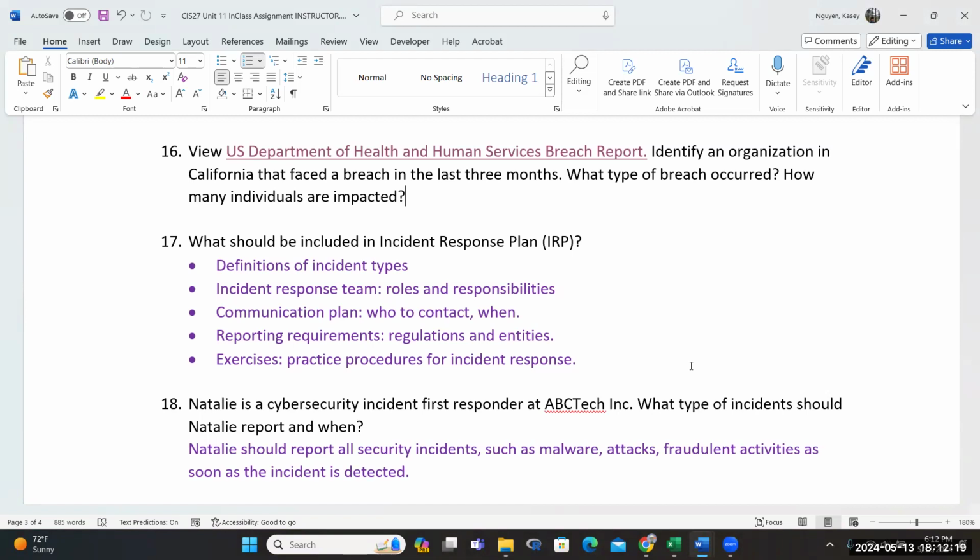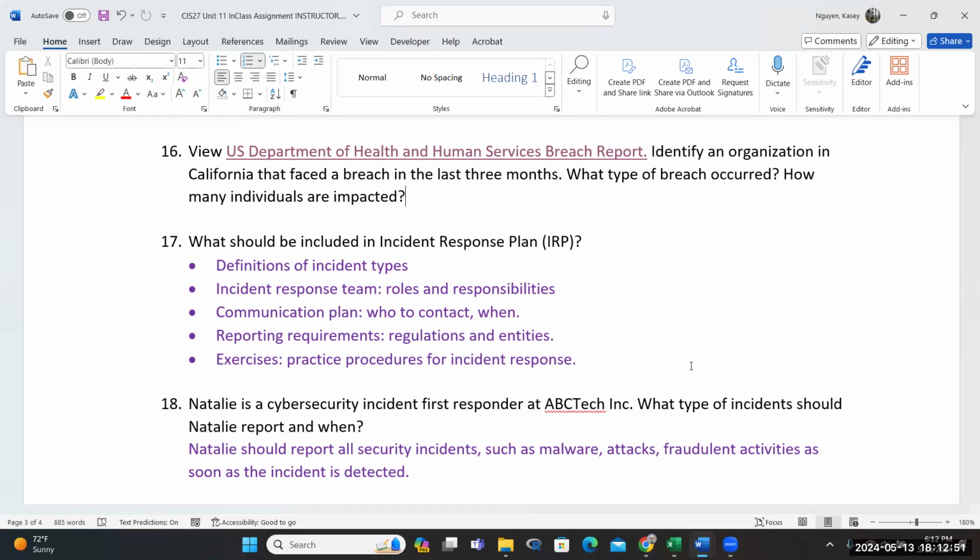And then within that, we need to include the group of people and roles and what they are to do when an incident happens. There might be certain individuals that are going to focus on the computer forensics. Other people might be looking at network forensics. So there could be different responsibilities and roles in your incident response team.